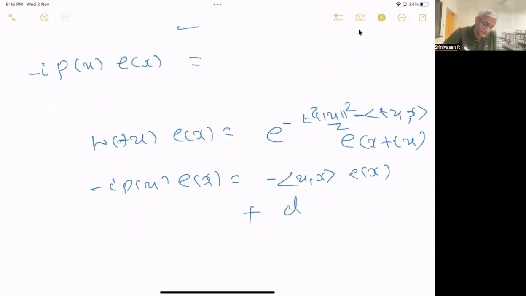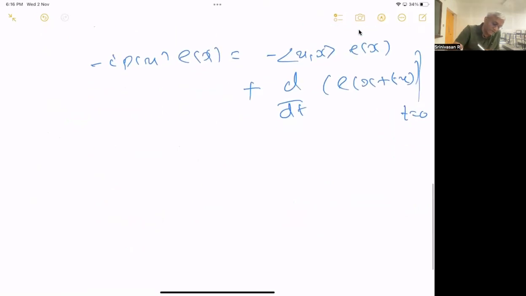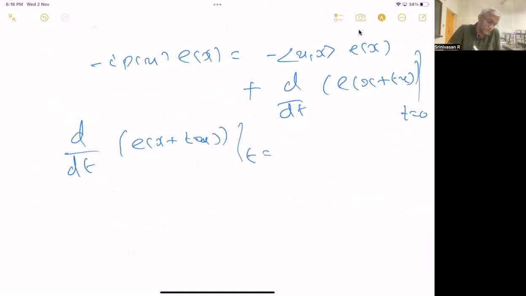So then you do the next one. If you take the derivative of that, it is just d by dt of e of x plus tu at t equal to 0. And this derivative we found, d by dt e of x plus tu at t equal to 0, is equal to the sum over n equal to 0 to infinity, and r equal to 0 to n, right?